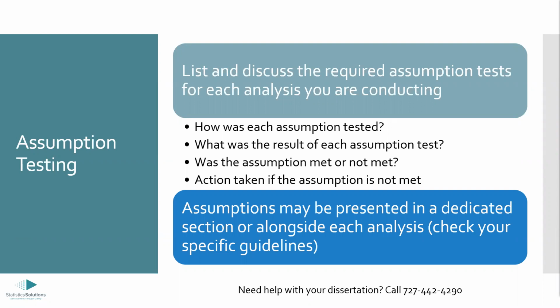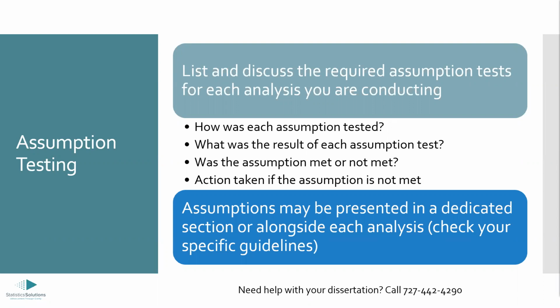So again, you run something like a Shapiro-Wilk test for normality, you find that it is significant, and that would indicate that the data are different from normal. So you would then say that the normality assumption was not met in that case. Or if the Shapiro-Wilk test turned out to be not significant, that would indicate that the data are not different from normal, and so the assumption of normality would be met.